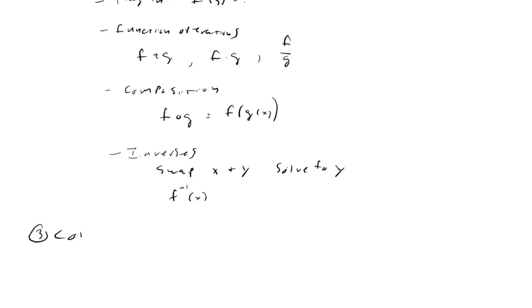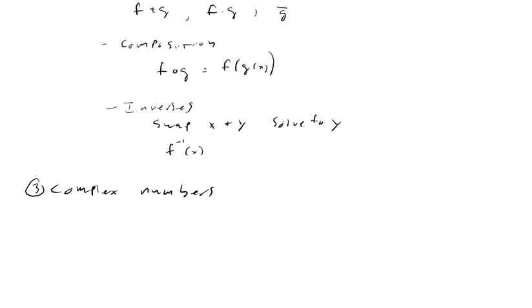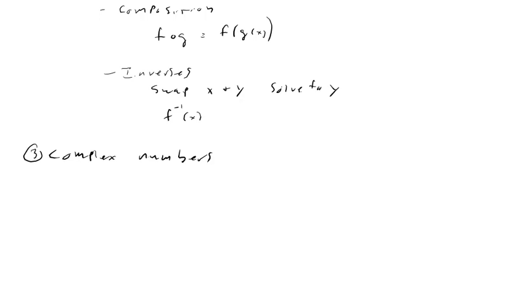Other things you'll need, we'll talk about complex numbers. Complex numbers, remember this was a plus bi. And we will do things like add and subtract, multiply, and divide complex numbers. Dividing, I would particularly pay attention to, right?